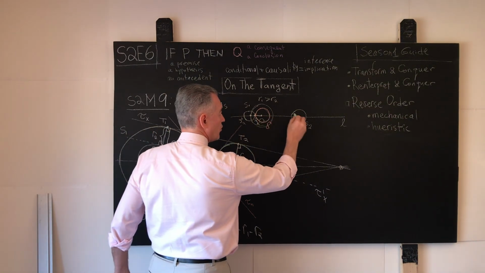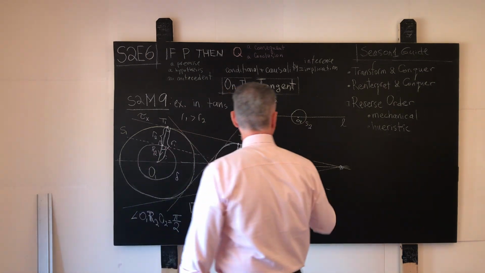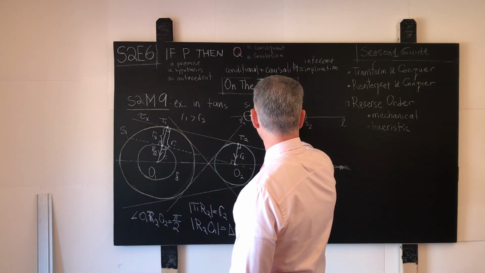Now we bisect the line segment O1, O2, somewhere like this.